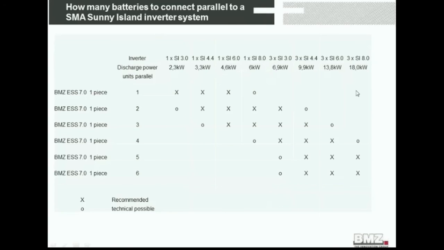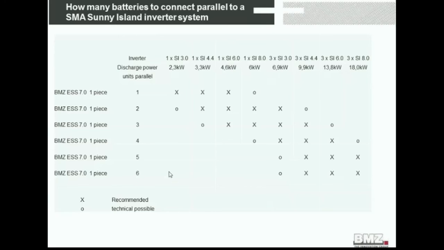In this case, you should connect 5 or 6 batteries to those Sunny Islands. And when you have the small Sunny Islands in one phase condition, you can connect 1. That makes sense. Of course, you can technically connect even more, but it makes commercially no sense because that system would be too expensive.